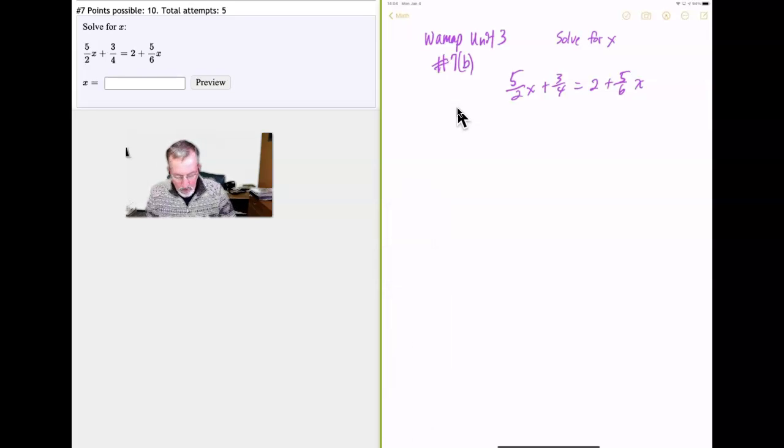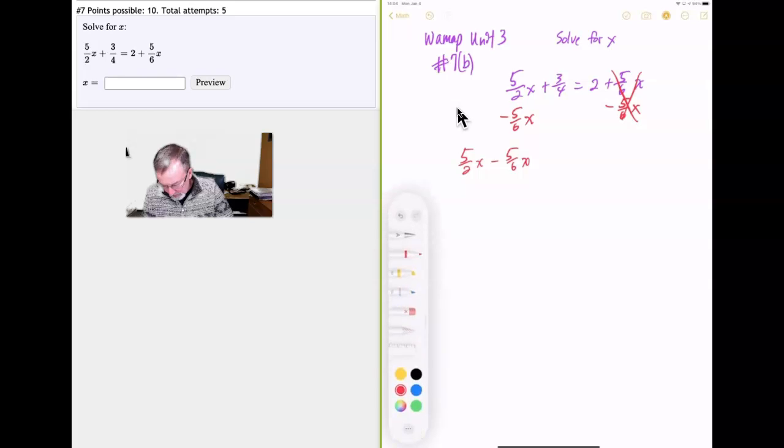I'm going to subtract 5/6 x from both sides. Okay, so this 5/6 x is going to go away. It's canceled out. And over here we have 5/2 x minus 5/6 x. And we have to convert 5/2.